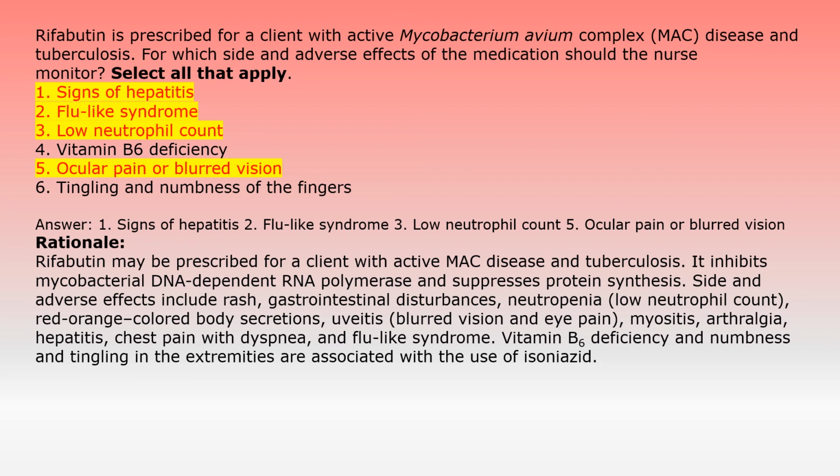Side and adverse effects include rash, gastrointestinal disturbances, neutropenia, low neutrophil count, red-orange colored body secretions, uveitis, blurred vision and eye pain, myositis, arthralgia, hepatitis, chest pain with dyspnea, and flu-like syndrome. Vitamin B6 deficiency and numbness and tingling in the extremities are associated with the use of isoniazid.